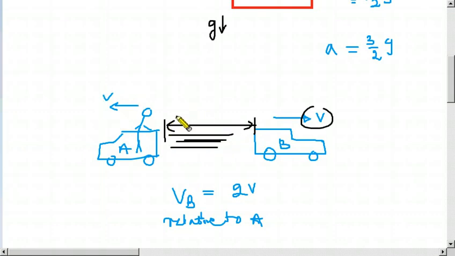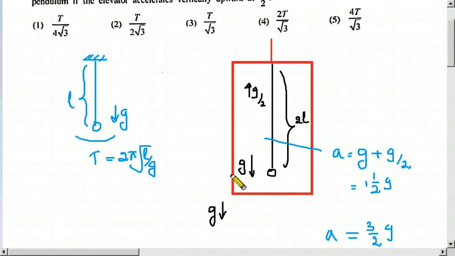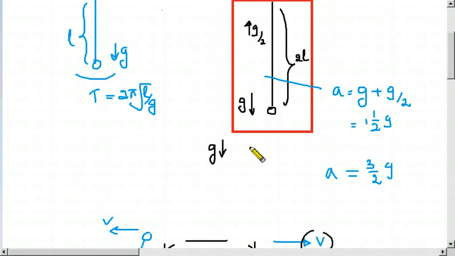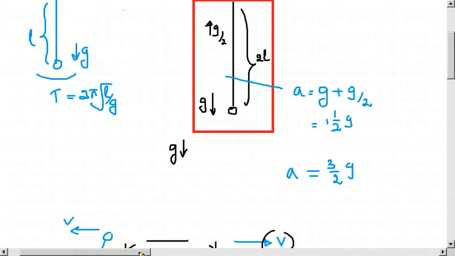The increase of this distance per second is the velocity the observer measures, so it is equal to 2 times v. Like that, these accelerations are opposite to each other, therefore we have to add them to get the resultant acceleration.